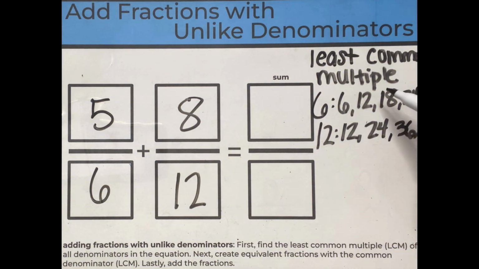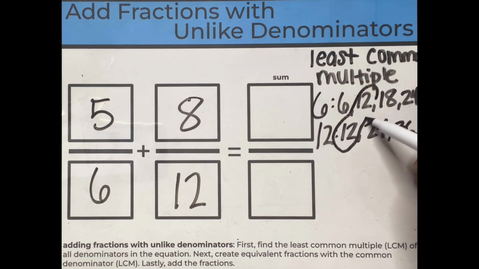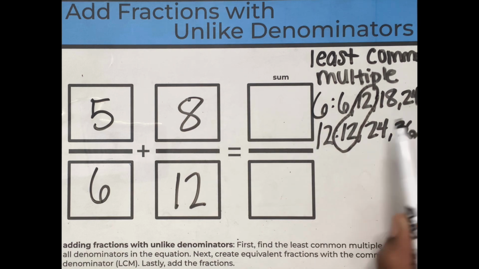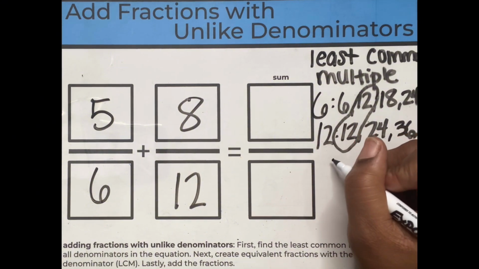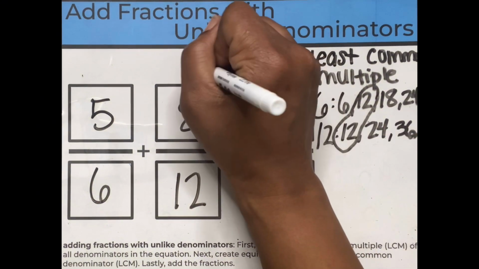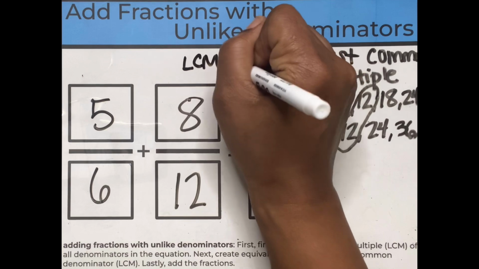The least common multiple is the smallest multiple that both of these numbers share. And the smallest number that they both share is the number 12. That number is your LCM.